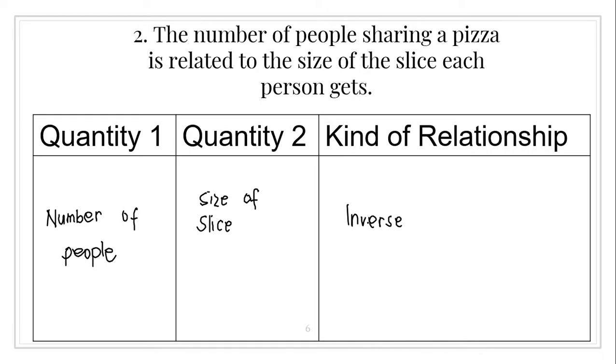So, instead na lumalaki, lumiliit. If the number of people increases, therefore the size of the slice will decrease. Kung the number of people decreases, therefore the size of the slice increases. Okay, therefore it is inverse. They are inversely proportional to each other.